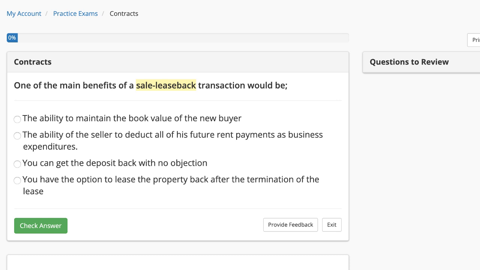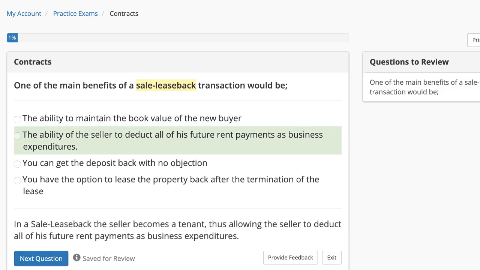That question once again, one of the main benefits of the sale leaseback transaction would be. And the answer is B, the ability of the seller to deduct all of his future rent payments as a business expenditure.